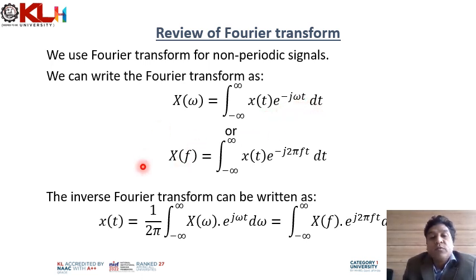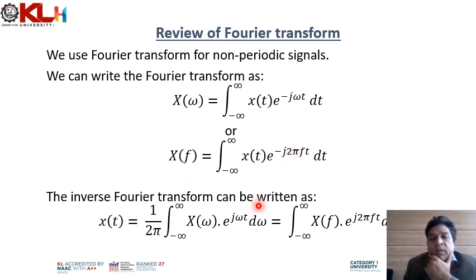And if we use the Fourier transform in the frequency domain, which is capital X of f, the capital X of f is equal to integral minus infinity to infinity x of t e power minus j 2 pi f t dt. So I simply replaced omega is equal to 2 pi f, that's all.